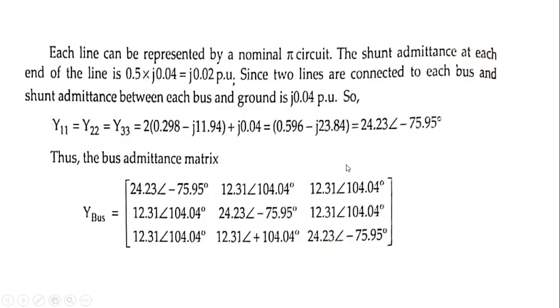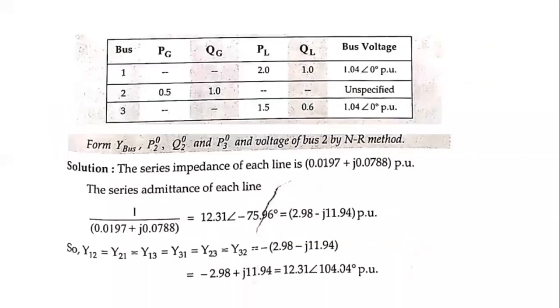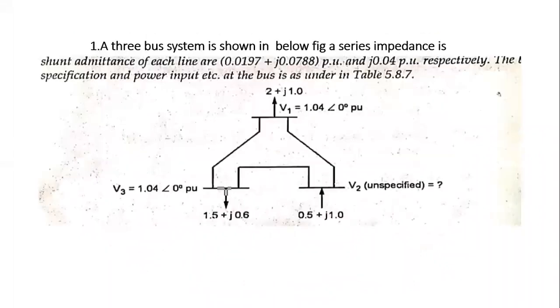Next, all the other elements are the non-diagonal elements. By using the shunt admittance value and series impedance value, we can form the Y bus matrix. First we determine the non-diagonal elements, Y12 or Y21, Y31 or Y13, which are determined from the series impedance given in the question.